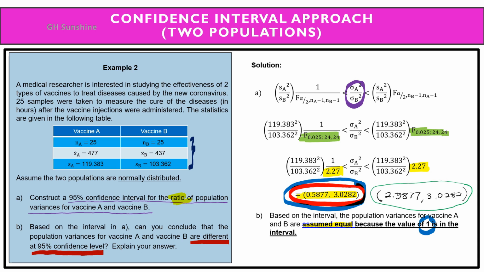No. So if the value obtained is like this, therefore the population variances for vaccine A and B are assumed unequal because the value of 1 is not in the interval.